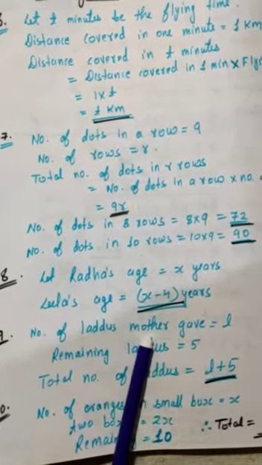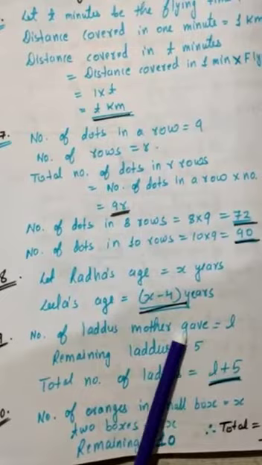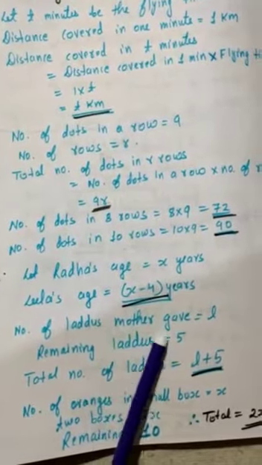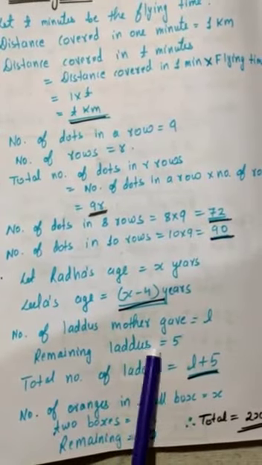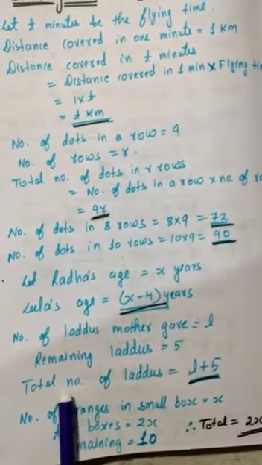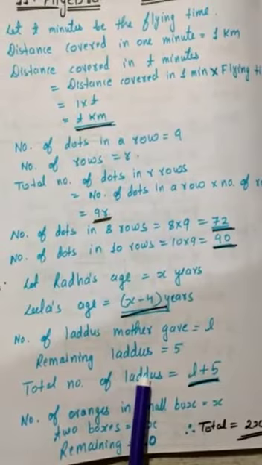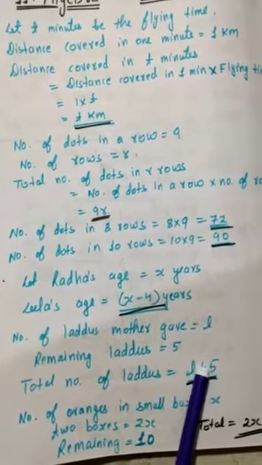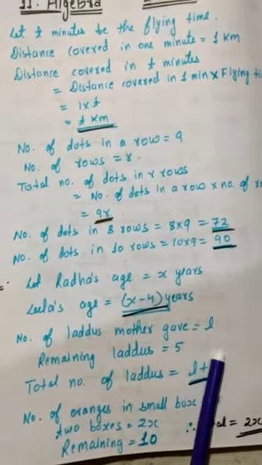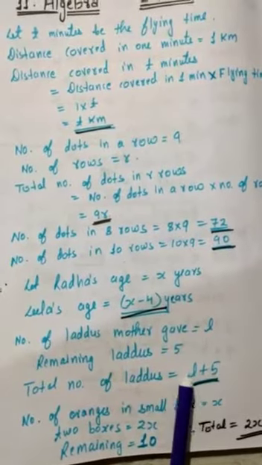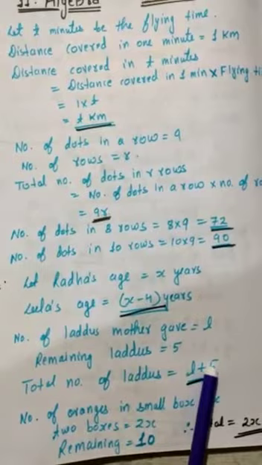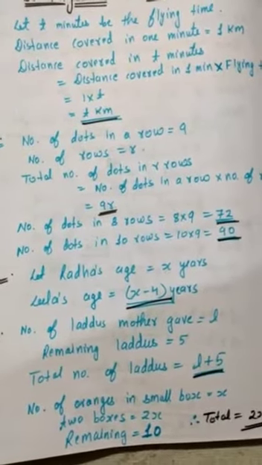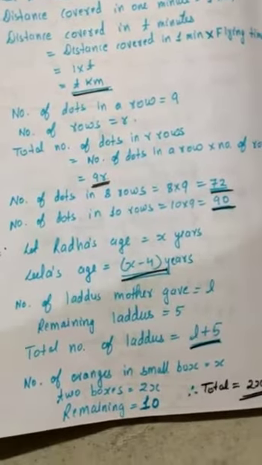Still 5 laddus remain. तो mom ने जो laddus family members और guests को दिए, that is L. And still how many laddus are remaining? 5. That means total laddus made by mother is L plus 5. इसमें से L लड्डूस तो दे दिए और 5 लड्डूस रिमेनिंग हैं. So L plus 5 is the total number of laddus made by the mom. Okay, so this is very simple.